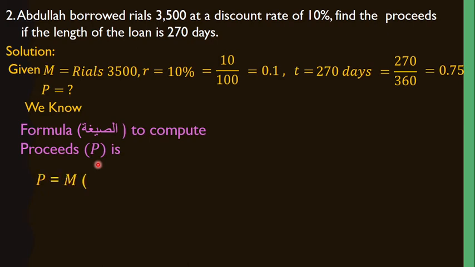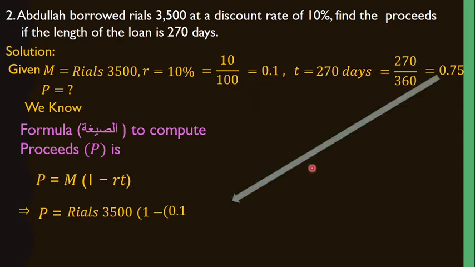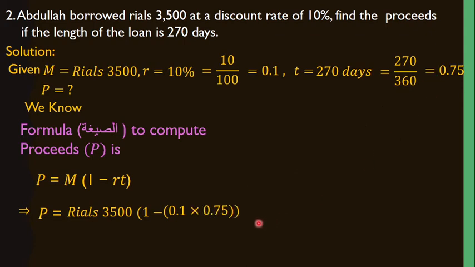I am going to use the second rule. P is equal to M into 1 minus R T. Here we need to find the value of P, and M is 3,500, and 1 minus, I will keep the same here, R, which is 0.1, multiplied by 0.75.